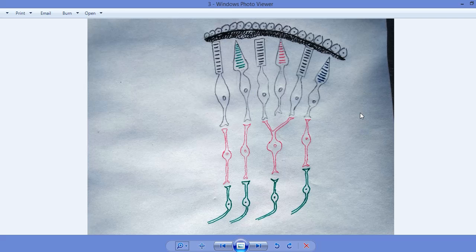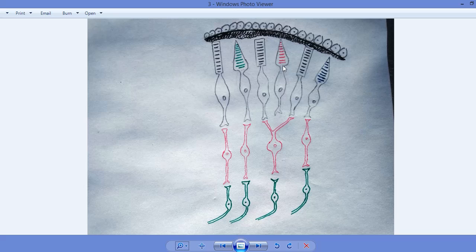So normally, when the reflection of light falls on the rods and the cones, and as I have told you, the cones are of three types: the green, the red and the blue. If there is absence of green cones inside the retina, it means that the individual has green color blindness.